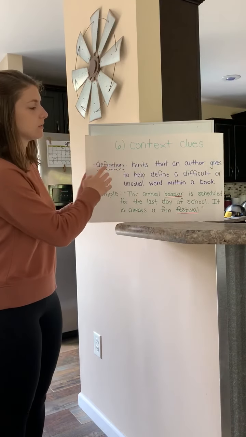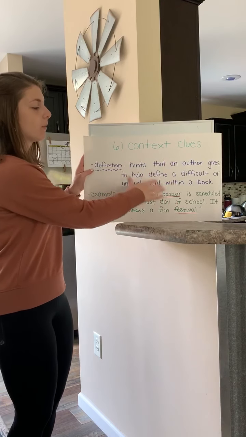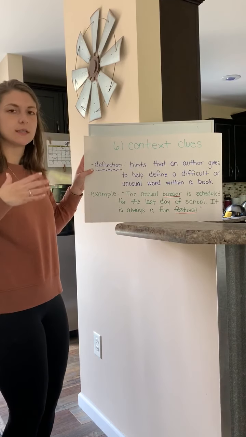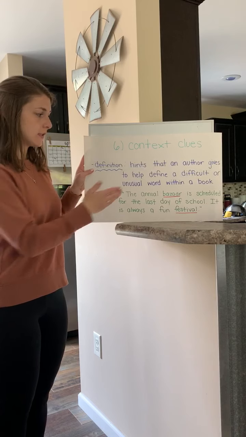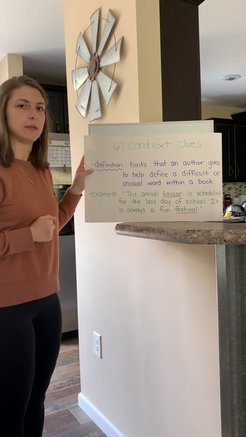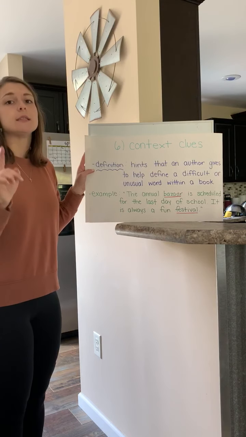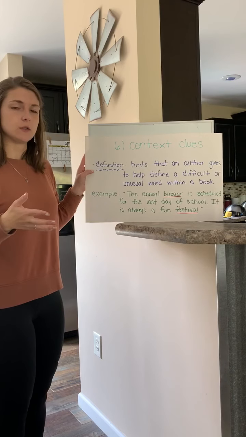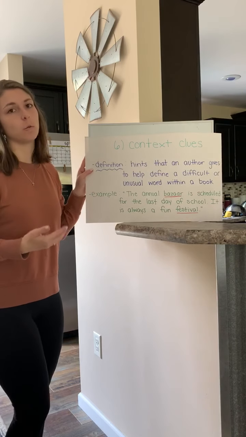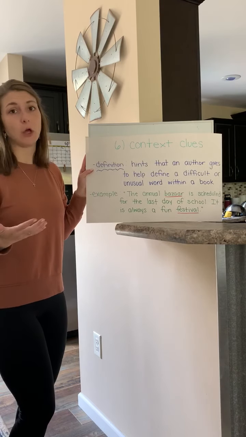So context clues is you're looking around the word, around the sentence, in other sentences to figure out what a word might mean if you don't know it. This is super, super important for the Keystone exams because sometimes there are words in the passages that you might not know.